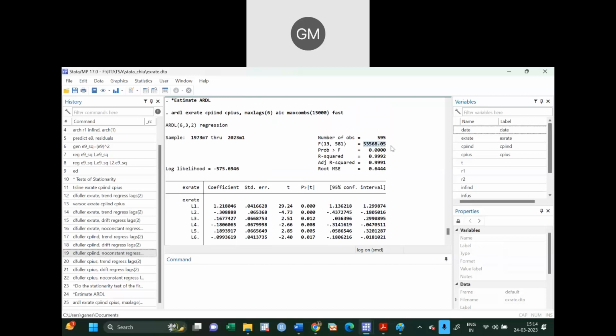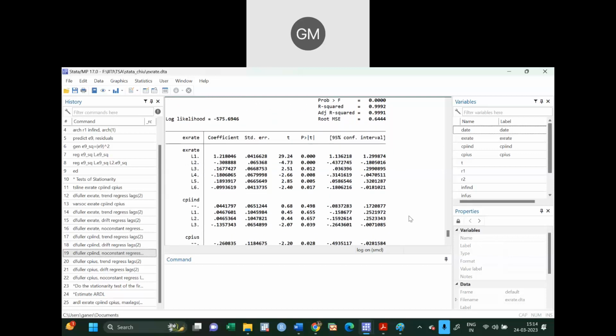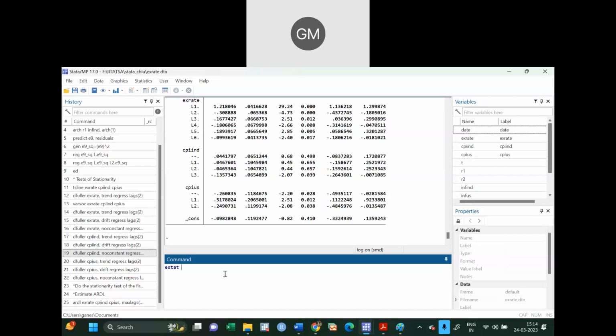The F statistic is highly significant, though what we are more interested in is how the error term is going to behave, whether the error term is stationary or not. So what you can do is look at the next command, which is estat btest.